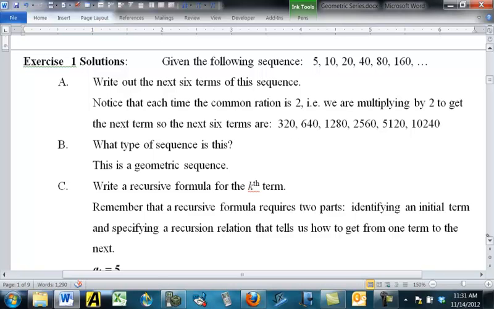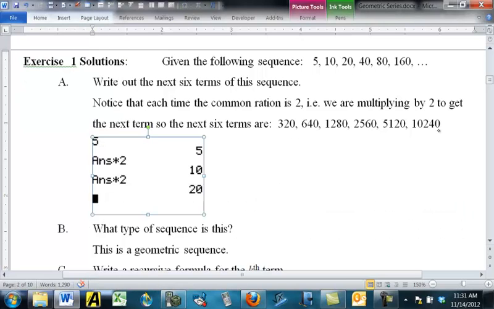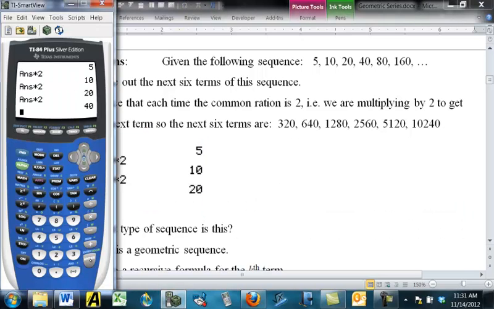By the way, here's a nice easy way to do this on a calculator. You can start with 5, hit enter, and then say times 2, which will take the previous answer times 2, and then just hit enter again, and it'll take the answer times 2, and so forth. Then just hit times 2, times 2, times 2, and we can work our way up eventually to the ones that we need here.